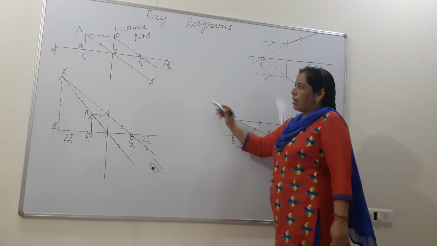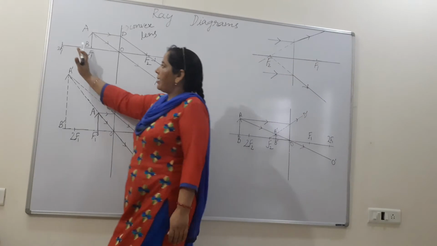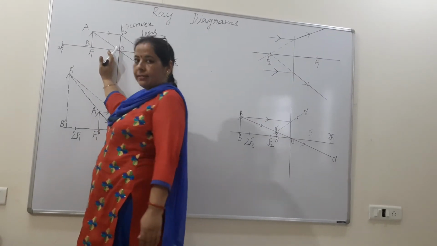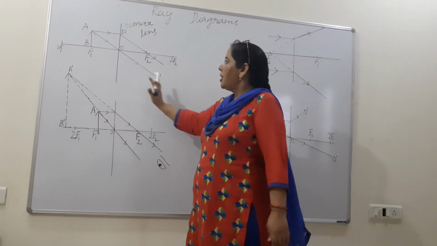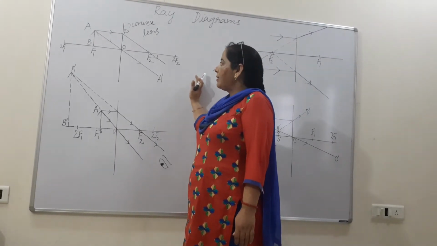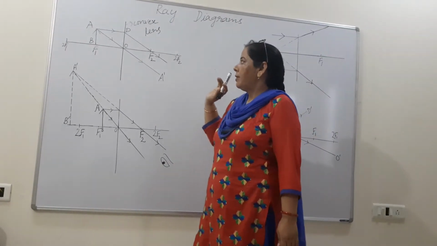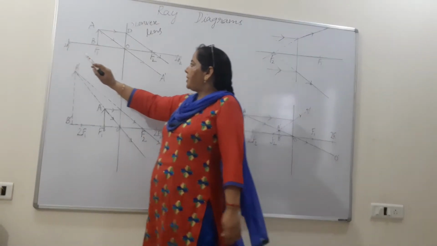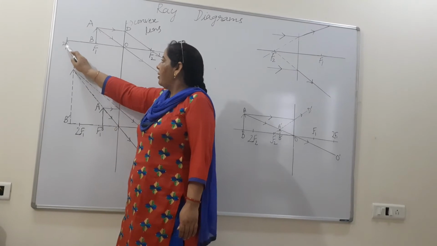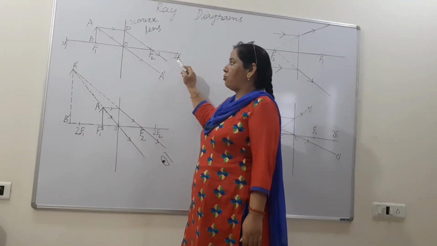Then next beta, one thing more you have to remember: as the object is coming toward the lens, what will happen to its image? Image will shift away from the lens and its size will become bigger and bigger. When the object will be at 2f1, its size will be same, image will also form at 2f2.